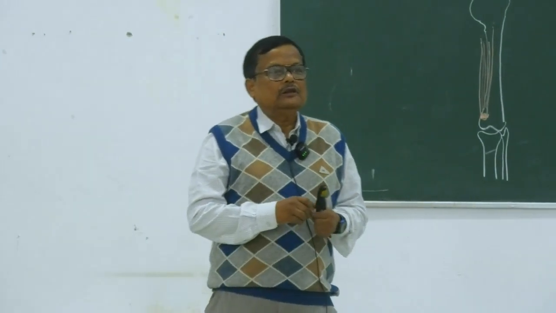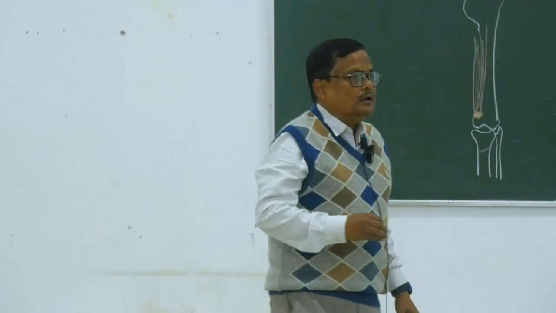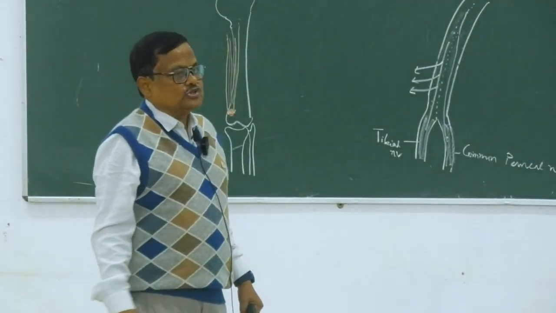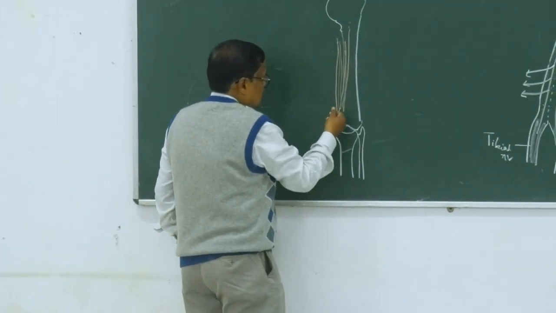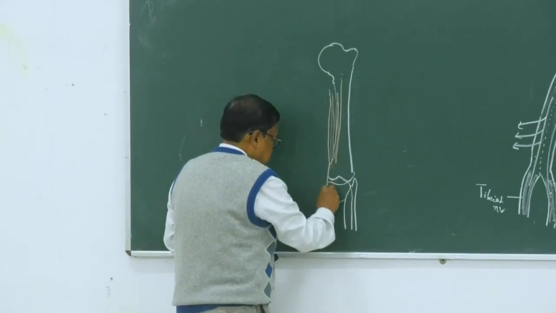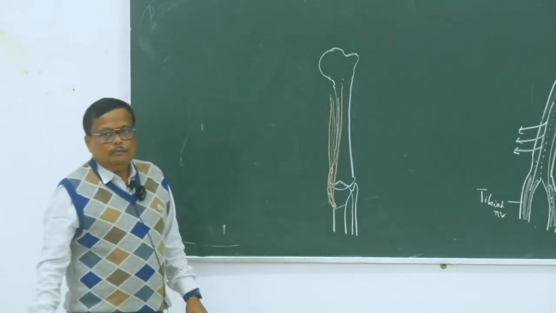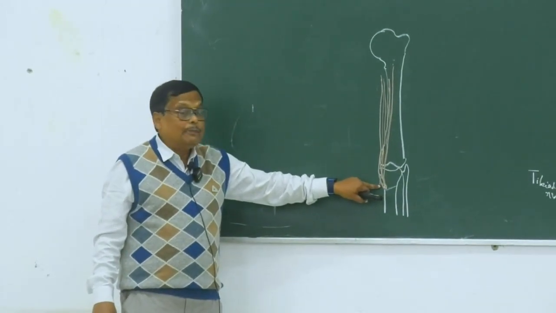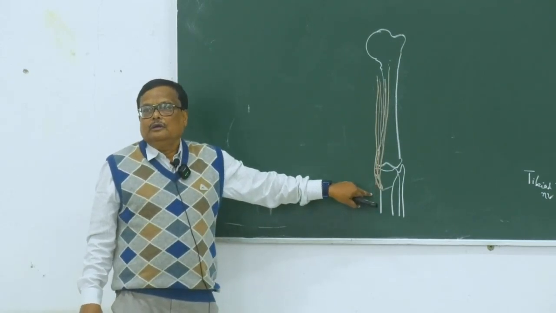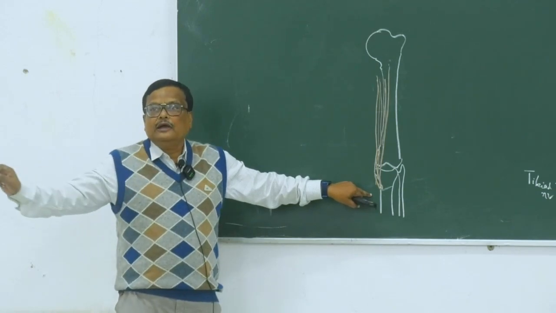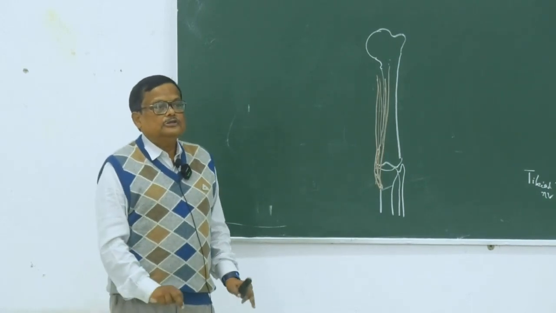It is a hamstring muscle by evolutionary scale. Initially, not in humans, but in lower animals, lower primates, the hamstring muscle is inserted beyond the knee joint, fulfilling the criteria of the hamstring muscle. But when we became bipedal, it is not required.